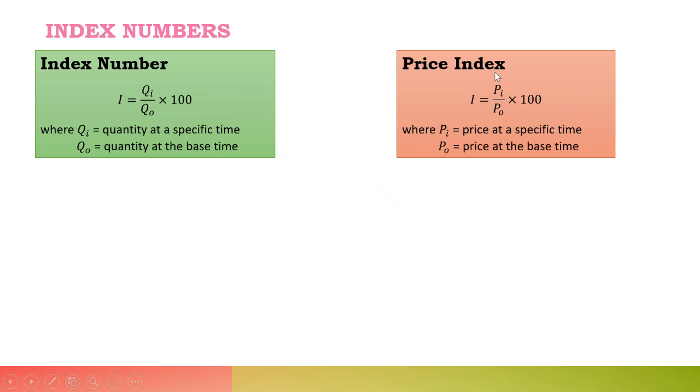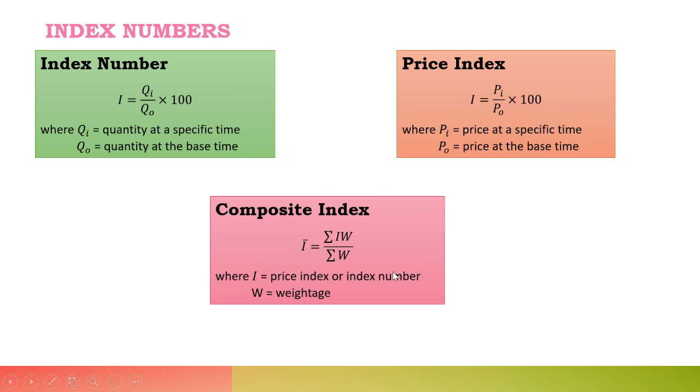And as you see in your past year questions, most of the time they ask for price index. So remember this formula. And one more formula that always comes up together with this price index is composite index. So if you are given more than one item, they ask you to find the composite index. What you need to know is the index for each item, most of the time is price index, times your weightage.